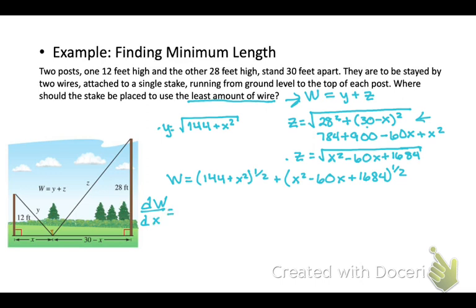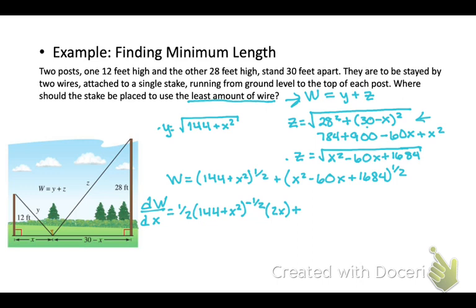So I have to use the chain rule. 1/2 times 144 plus x squared to the negative 1/2 times 2x. Plus, we go to the other one now?